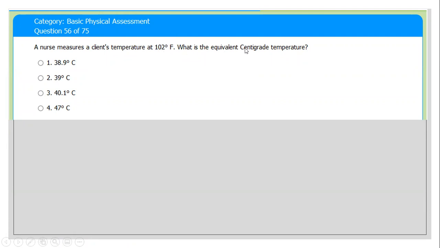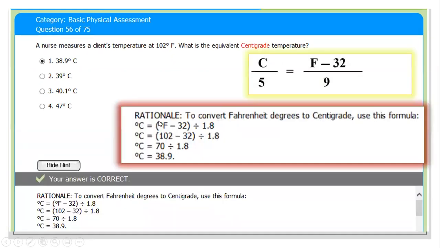How do you convert to centigrade? After calculation, it would be 38.9 or 39, 40.1 or 47 Celsius. The correct answer is 38.9 Celsius. Whatever the technique for conversion, right?